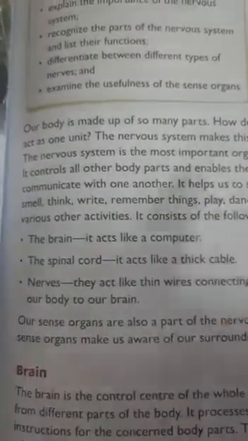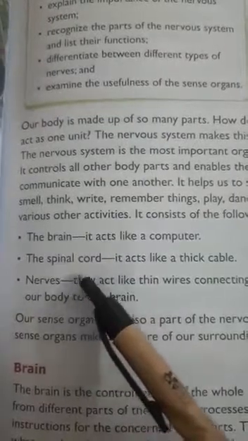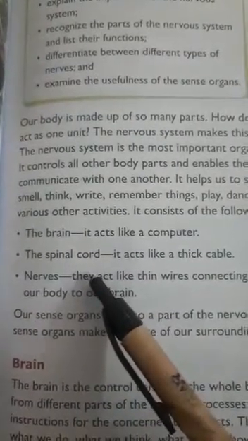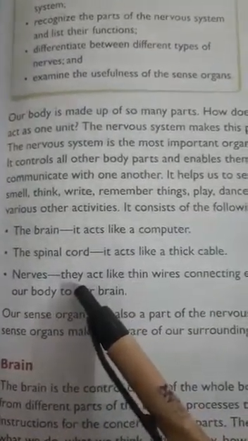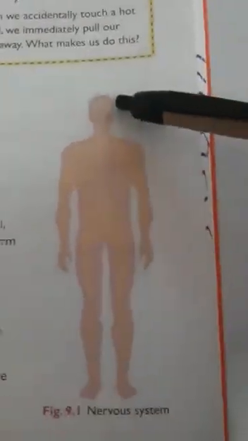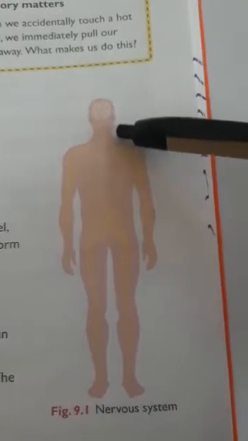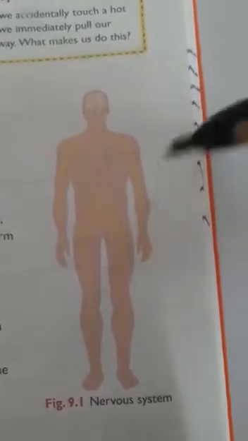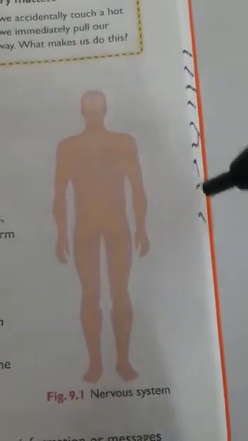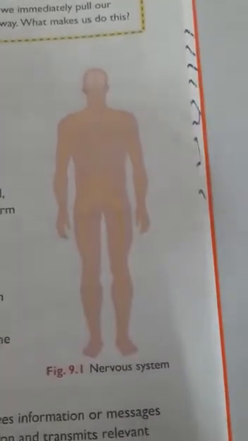Next, from the brain, the spinal cord, which is attached to the skeletal system and muscular system. The spinal cord starts from the brain and passes through our backbone. Actually, the backbone protects this spinal cord.